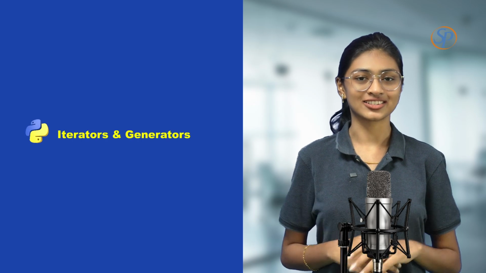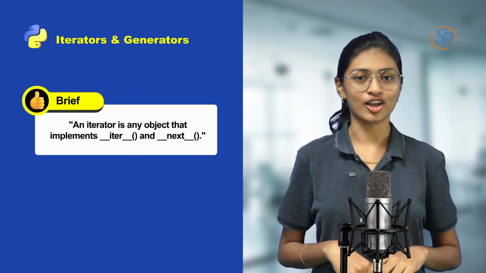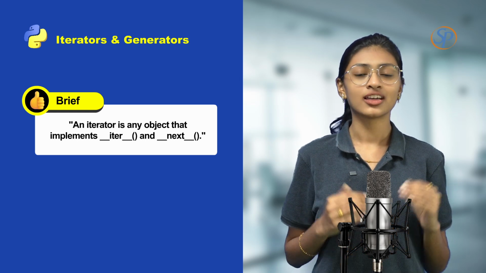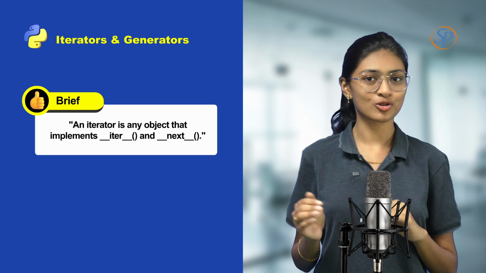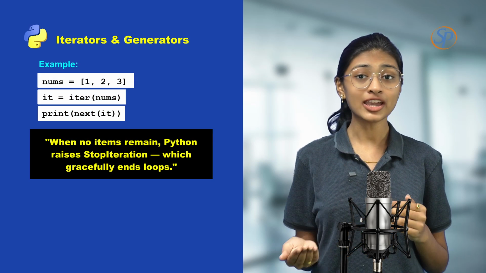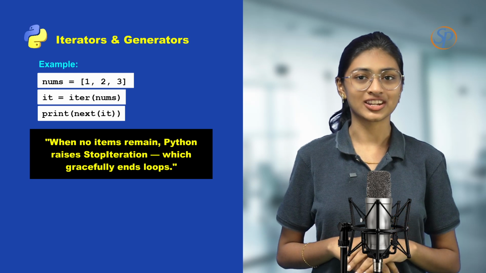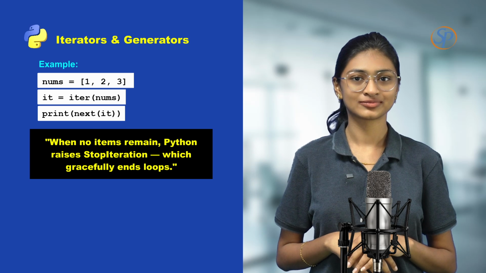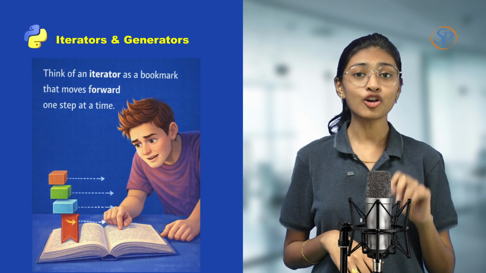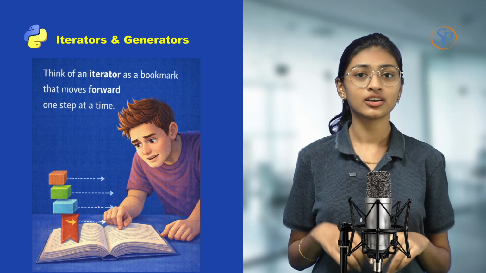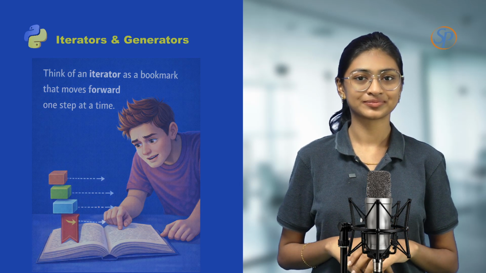Iterators and generators. Iterator protocol. An iterator is any object that implements the iterator protocol. When no items remain, Python raises StopIteration, which gracefully ends the loop. For example, think of an iterator as a bookmark that moves forward one step at a time.